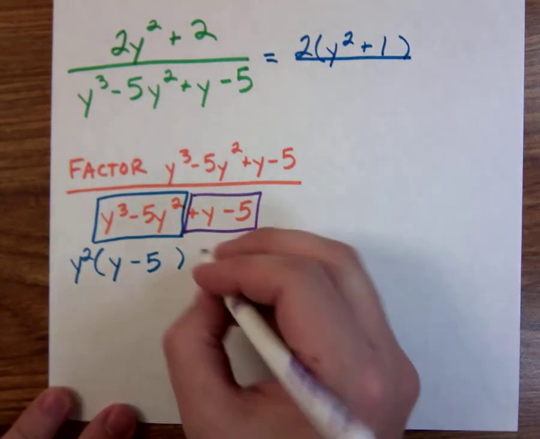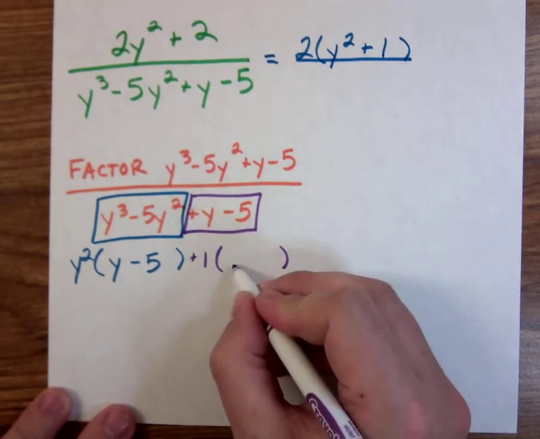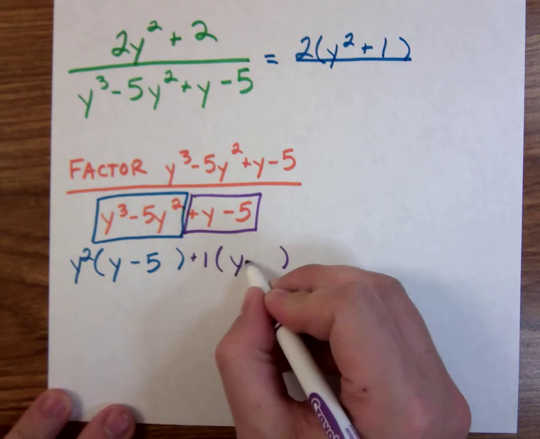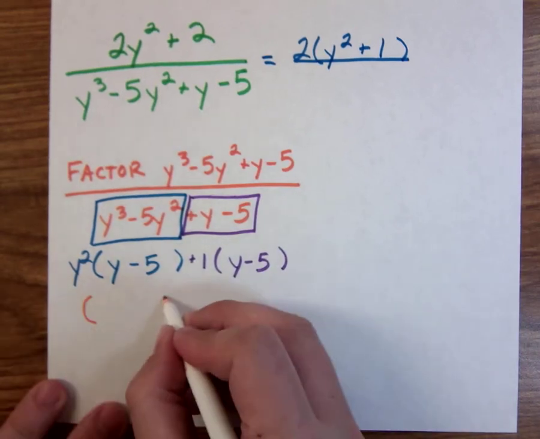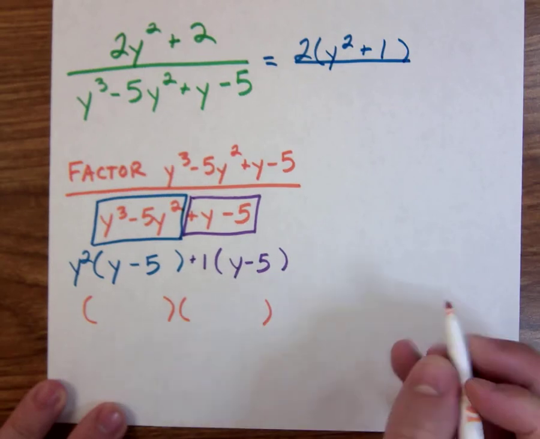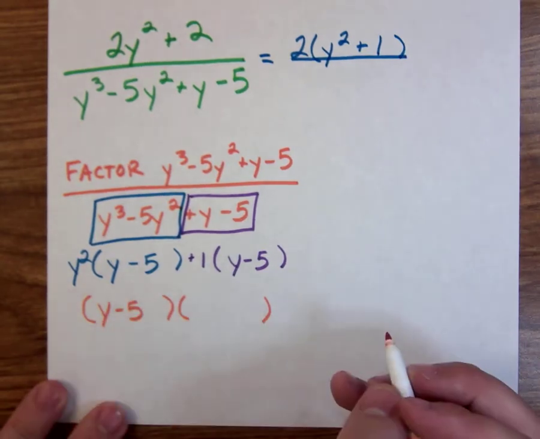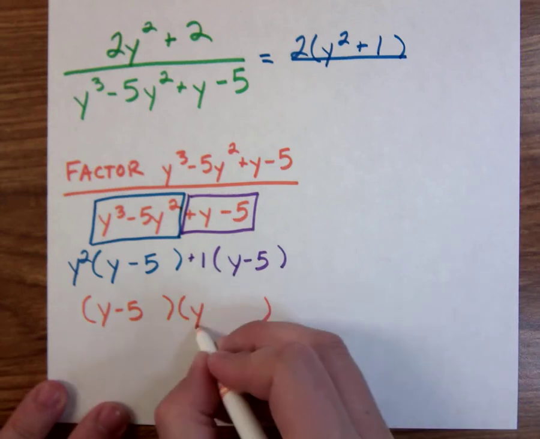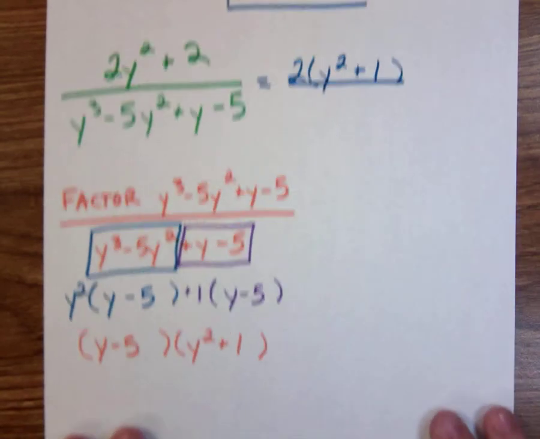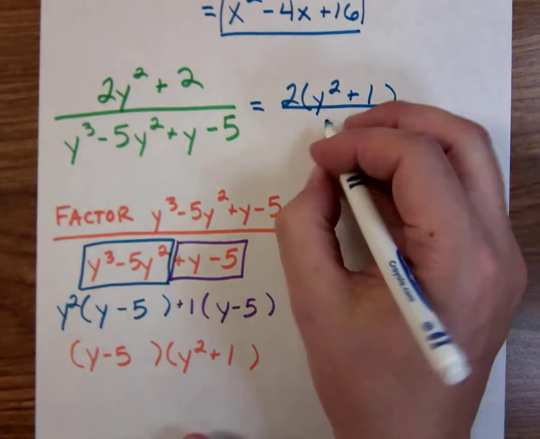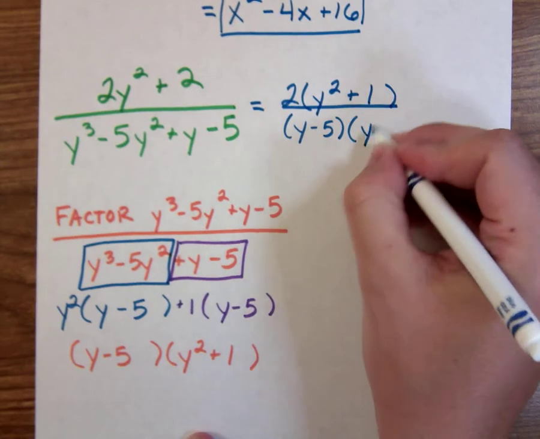Yeah, it's 1. Nice. Leaving me with y minus 5. Which means the 2 factors are good. And that is what the denominator is going to be. Y minus 5 times y squared plus 1.